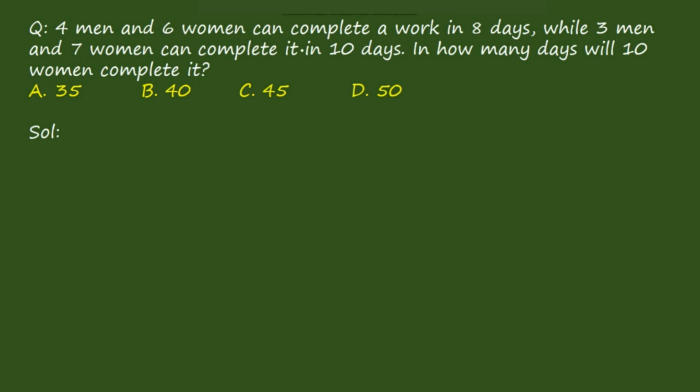Next question is: 4 men and 6 women can complete the work in 8 days, while 3 men and 7 women can complete the work in 10 days. In how many days will 10 women complete the work? First, let's write down what is there in the question. It is given that the number of men is equal to 4 and the number of women is equal to 6, and the number of days required to complete the work is 8.